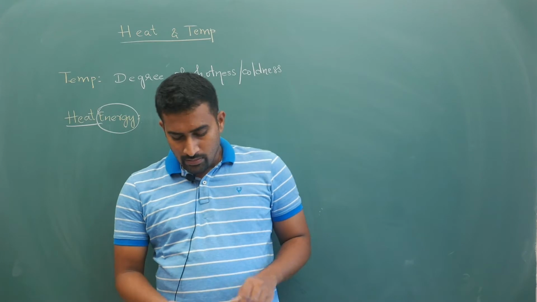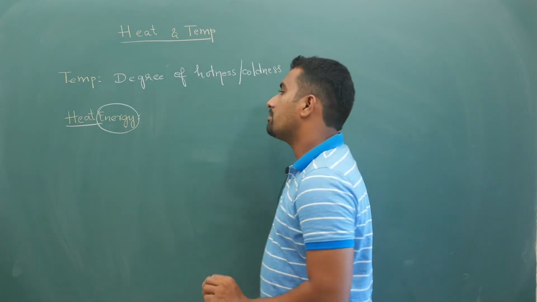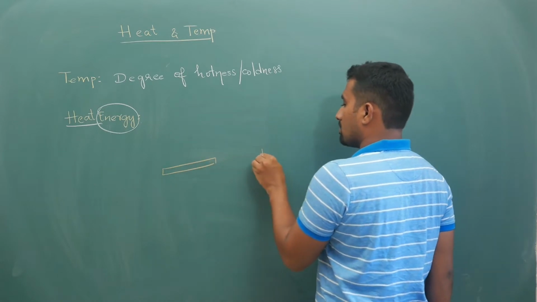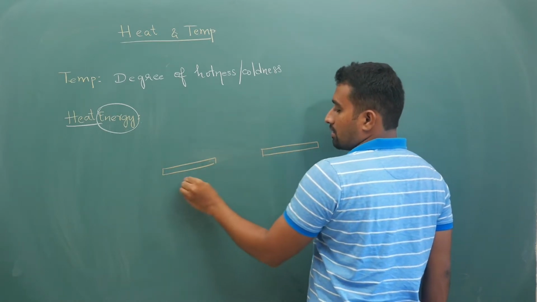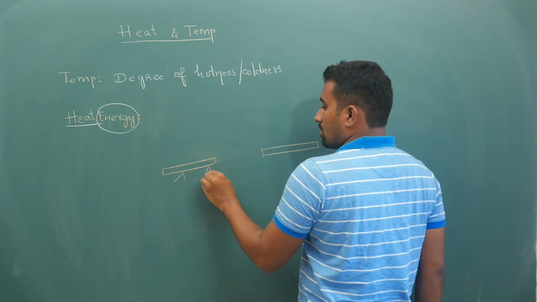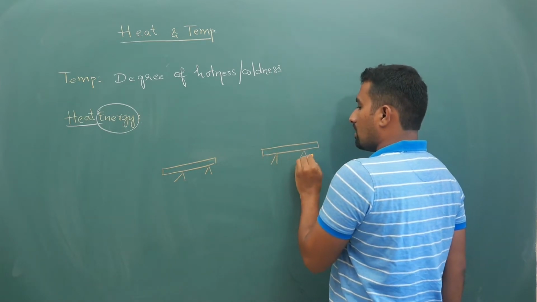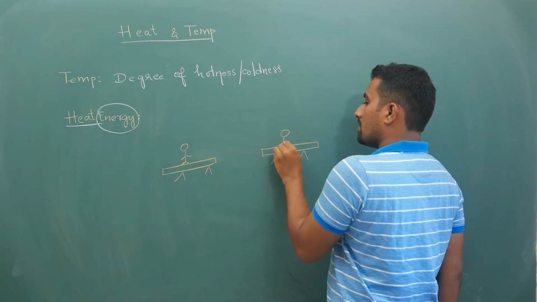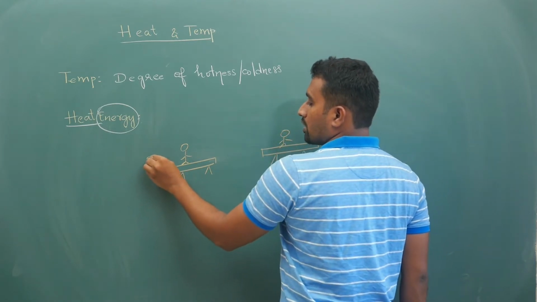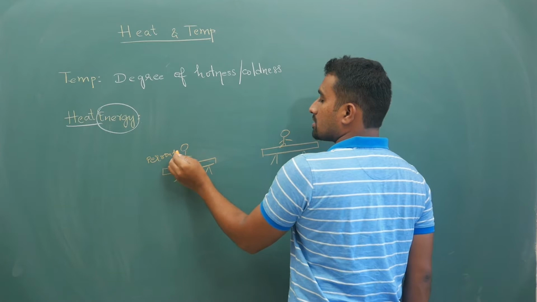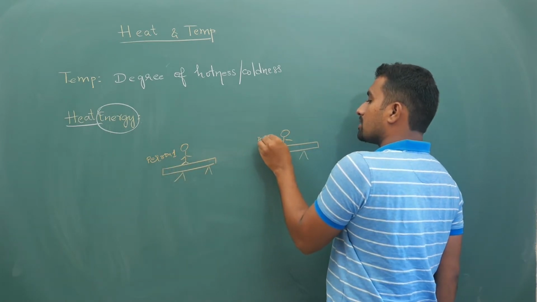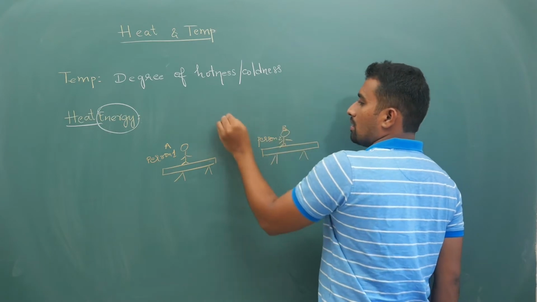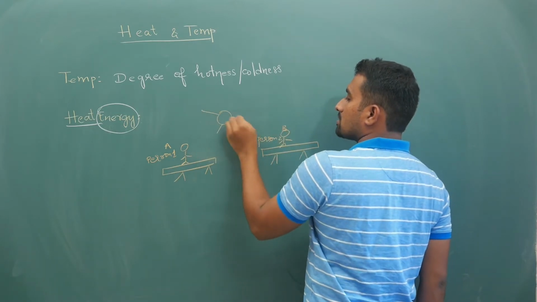Normally the best example to understand is, let us say two people are sitting in a park, person 1 and person 2, let us say this is A and this is B, and they are sitting on the bench in summer.